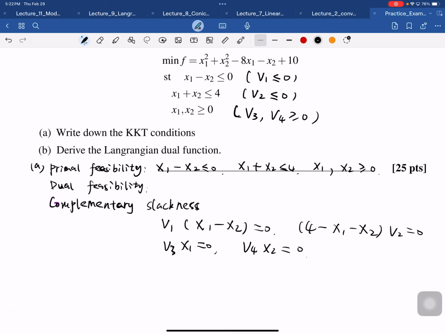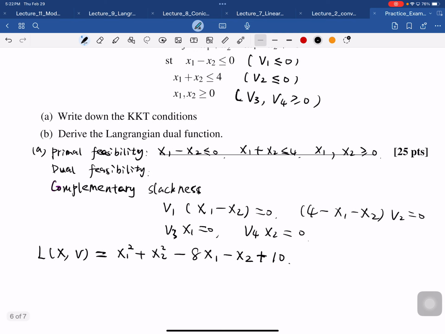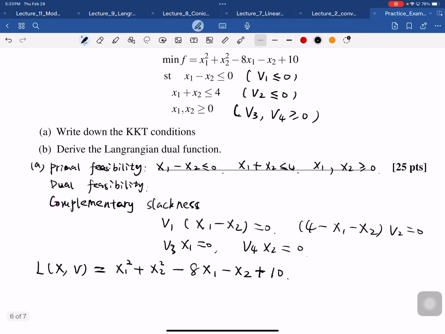With that, you first need to derive the Lagrangian function of x and v, which is x1 squared plus x2 squared minus 8. Okay, and then you bring those constraints to the objective.